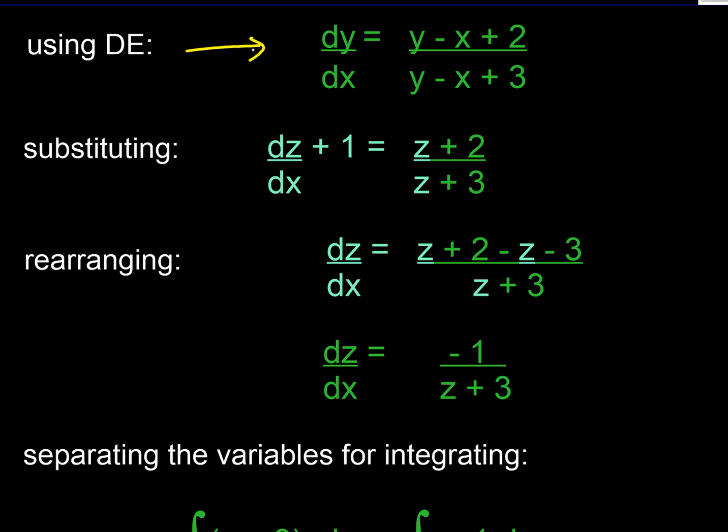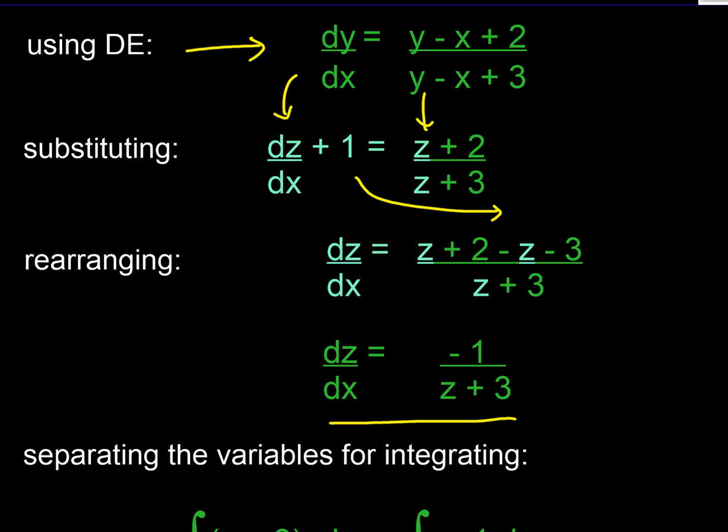So there we are. That's the differential. Here's my z in place of my y minus x. Get my dz by dx on its own by subtracting 1 from both sides, which tidies up to this differential equation. Dz by dx equals minus 1 over z plus 3.